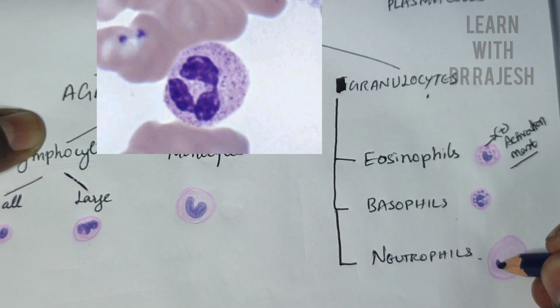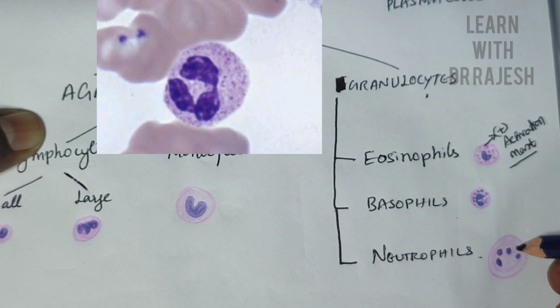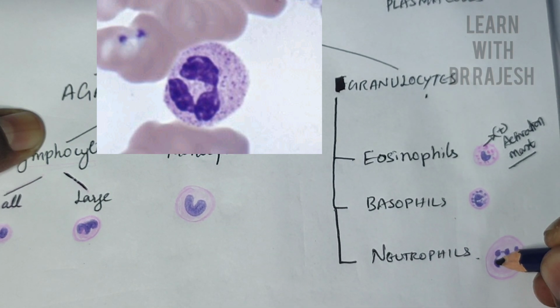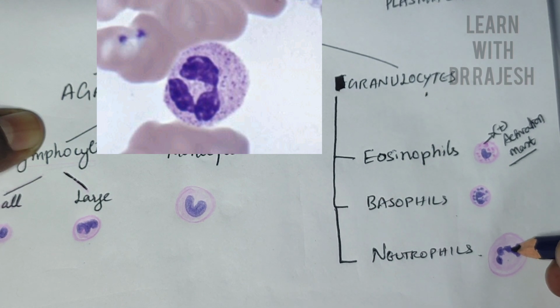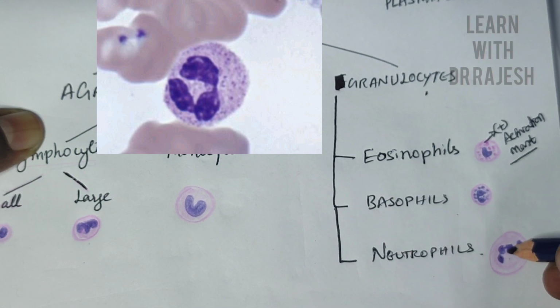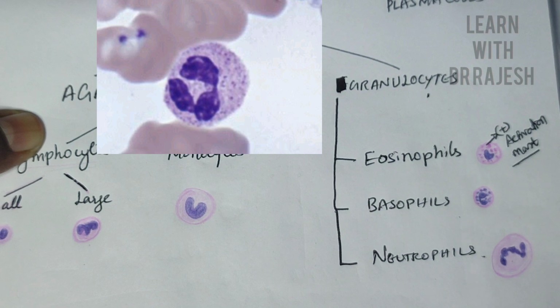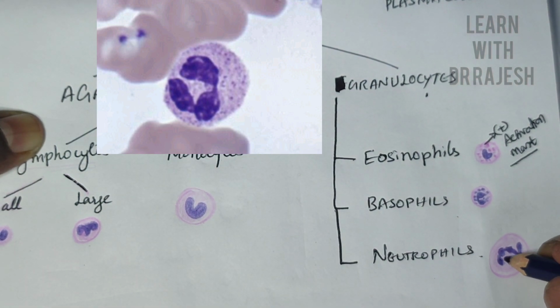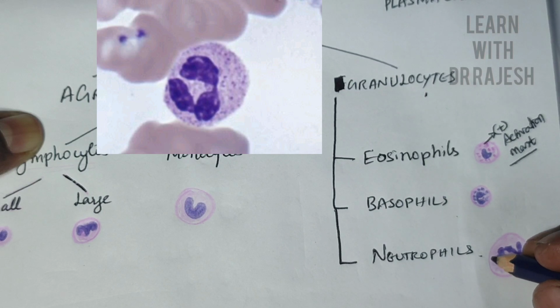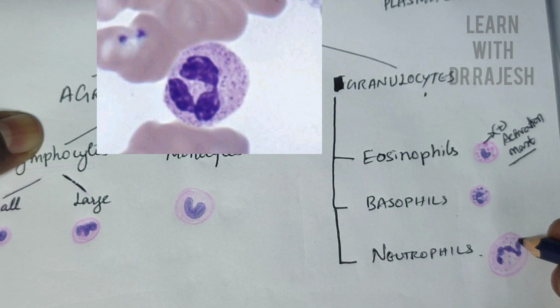The nucleus will be highly segmented, with multiple segments connected to each other. This is how the segmented nucleus of neutrophils will look. Neutrophils also will have coarse granules.